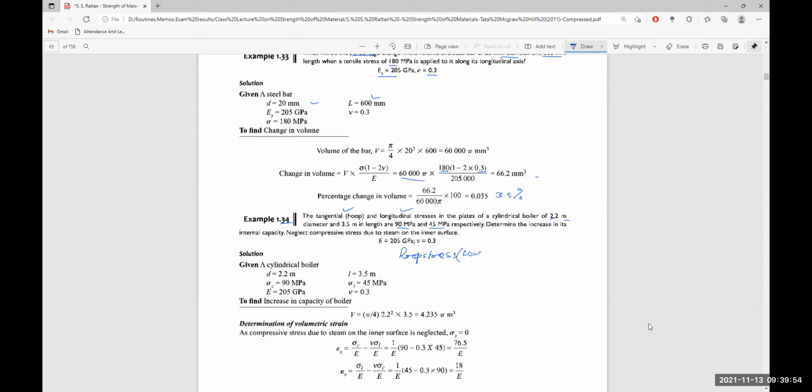Hoop stress or tangential stress is given as 90 MPa and longitudinal stress is given as 45 MPa.